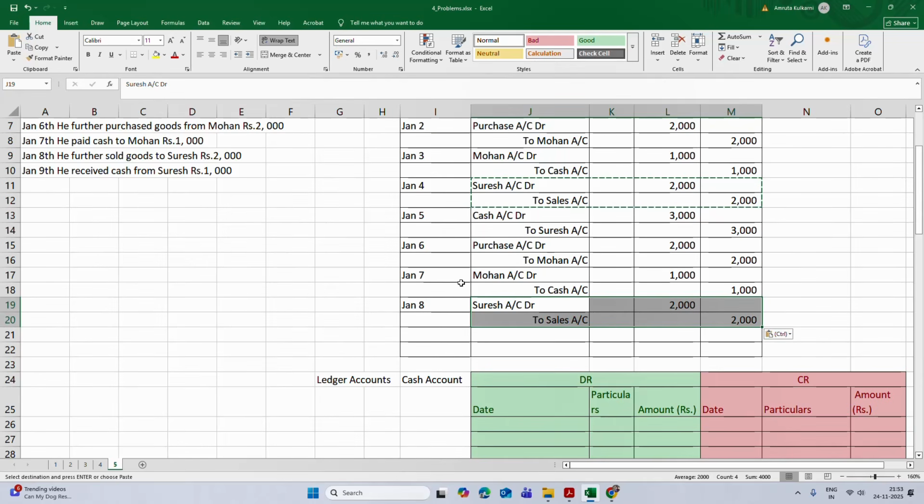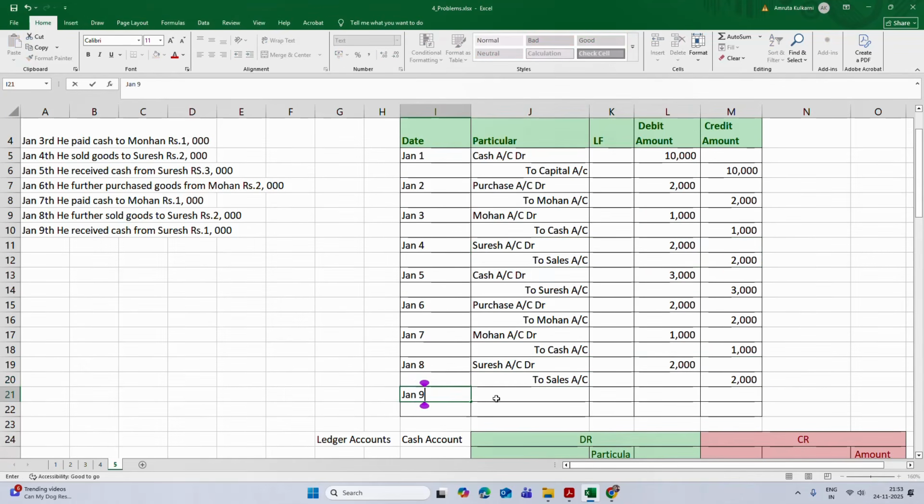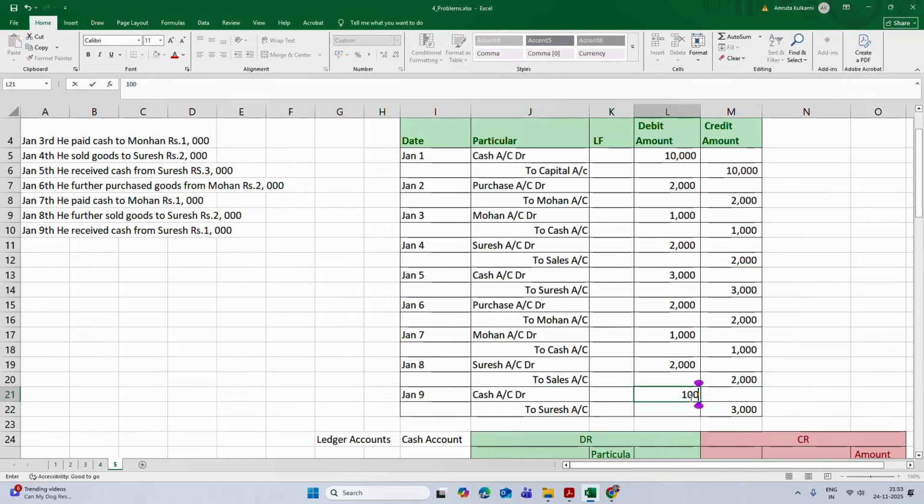This is exactly similar to the transaction on January 4th. And then on Jan 9 he received cash from Suresh rupees 1,000. So this cash account is debited and Suresh account is credited. So here we have done with journal entries for this example.